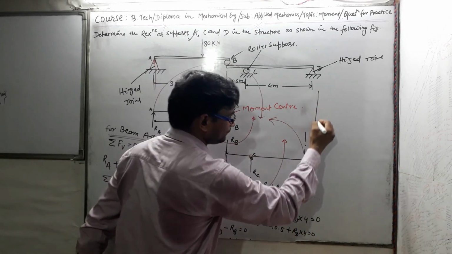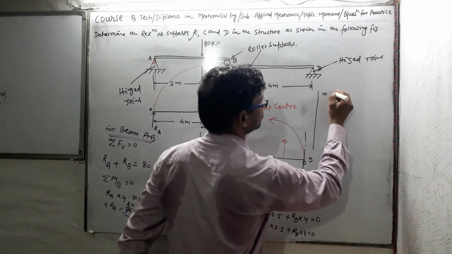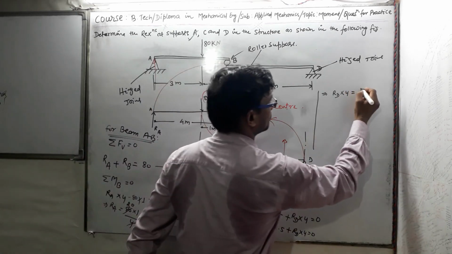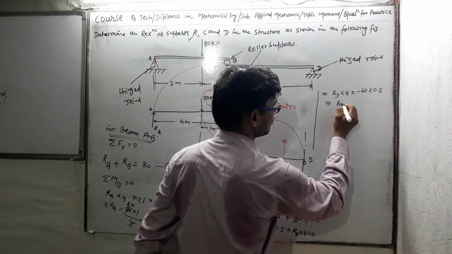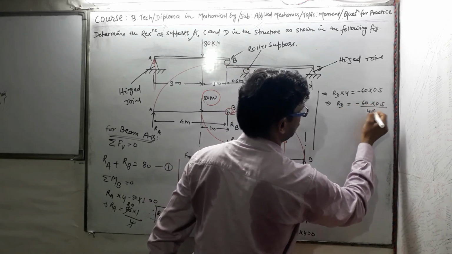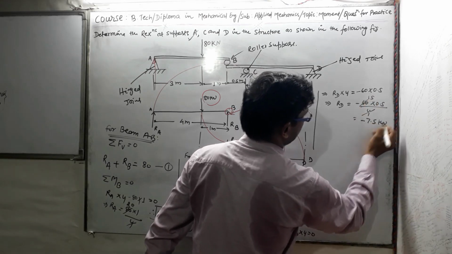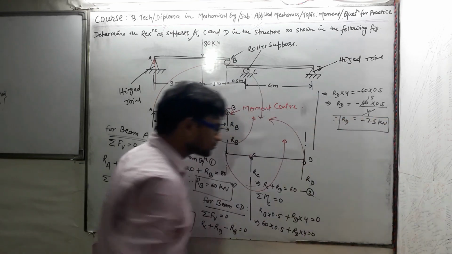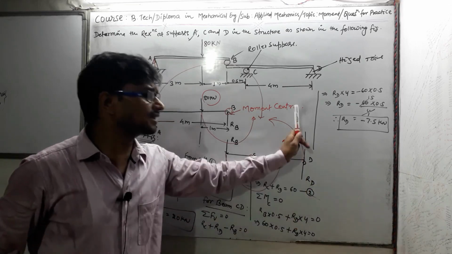Now RD multiplied by 4 is nothing but minus 60 multiplied by 0.5. So RD equals minus 60 multiplied by 0.5 upon 4, which is minus 7.5 kilonewton. Therefore, according to the free body diagram of the lower beam, RD was assumed to act in the upward direction.